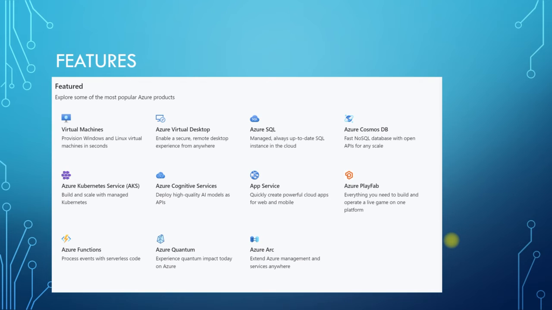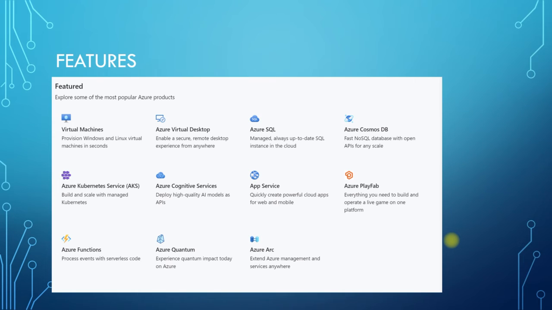Azure Cosmos DB, a fast NoSQL database with open APIs for any scale. Azure Kubernetes Service or AKS, build and scale with managed Kubernetes. Azure Cognitive Services, deploy high quality AI models as APIs.